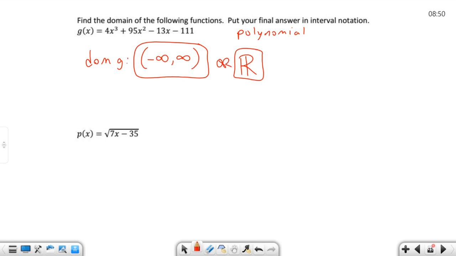I don't like you writing the words all real numbers here when the directions say put your answer in interval notation, although I have even allowed that. It's not technically interval notation. This symbol is widely regarded in math to be the same thing as this, so that's why I feel like I've never run across anybody who didn't accept that.